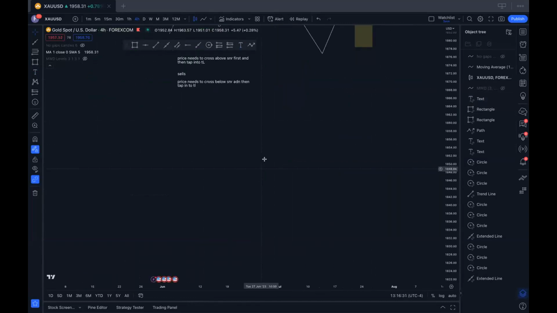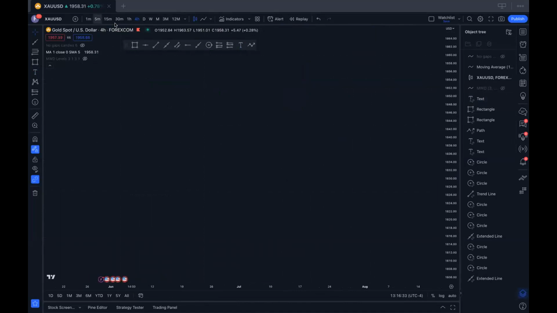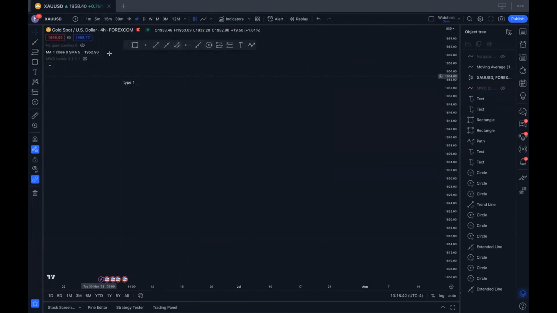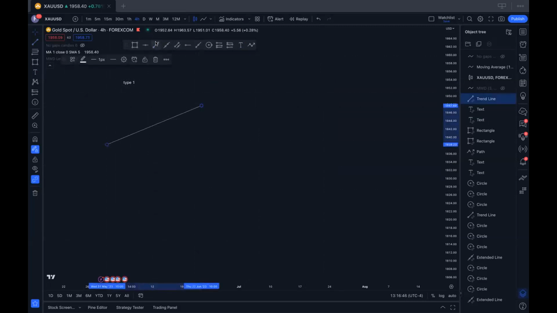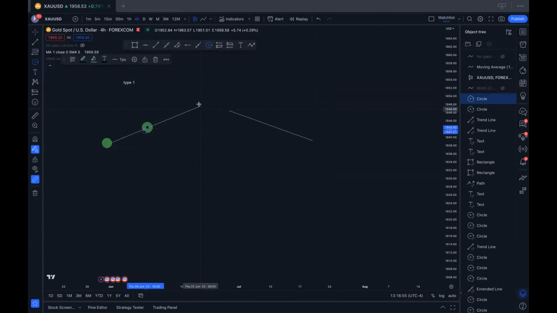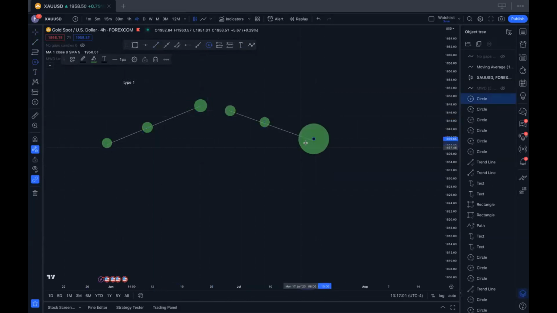Now, let's go into the basic format of trend lines. Trendline type 1. It's the easiest one to identify. Just 1, 2, 3.